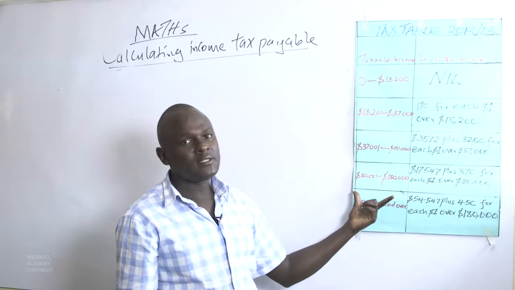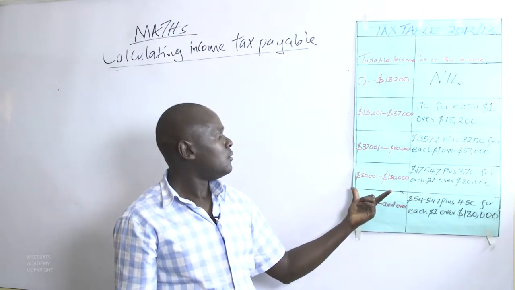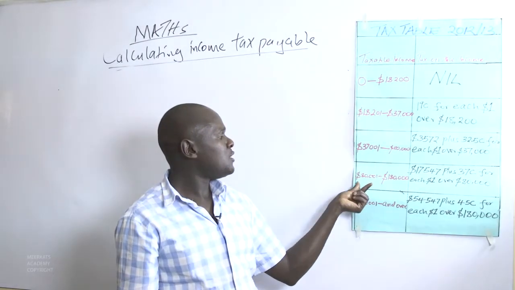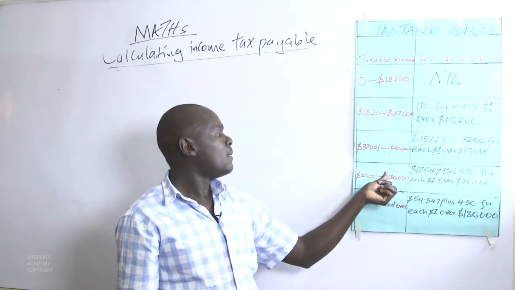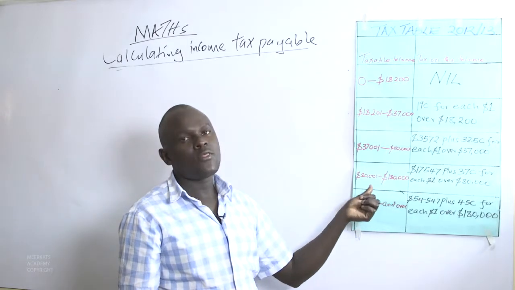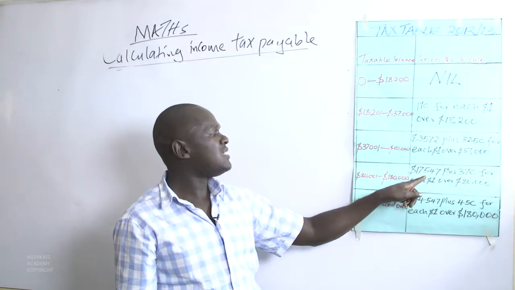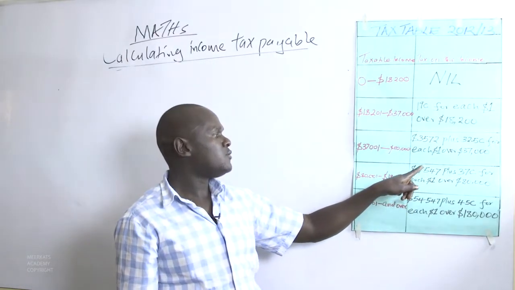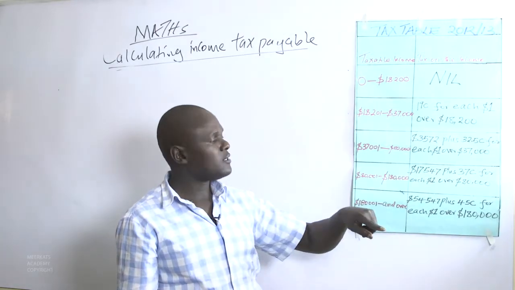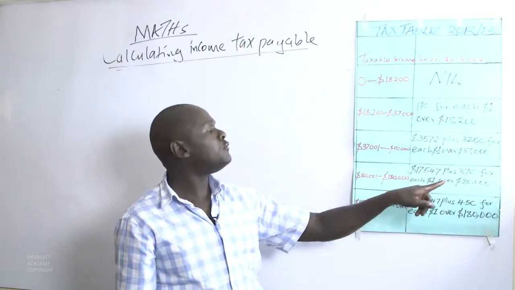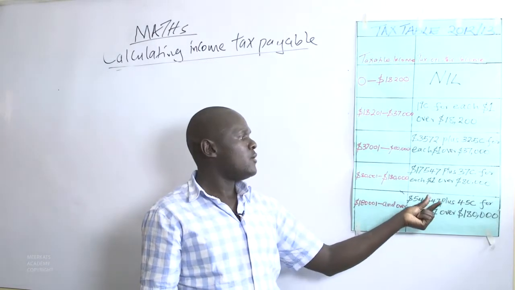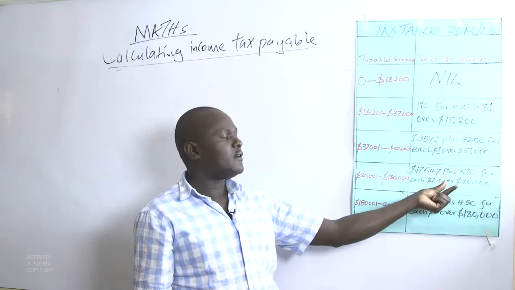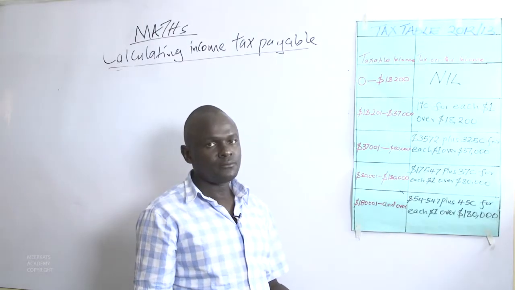In the fourth bracket, those who earn between $80,000 and $180,000 pay a base tax of $17,547 with an additional 37 cents for every dollar they earn over and above $80,000.